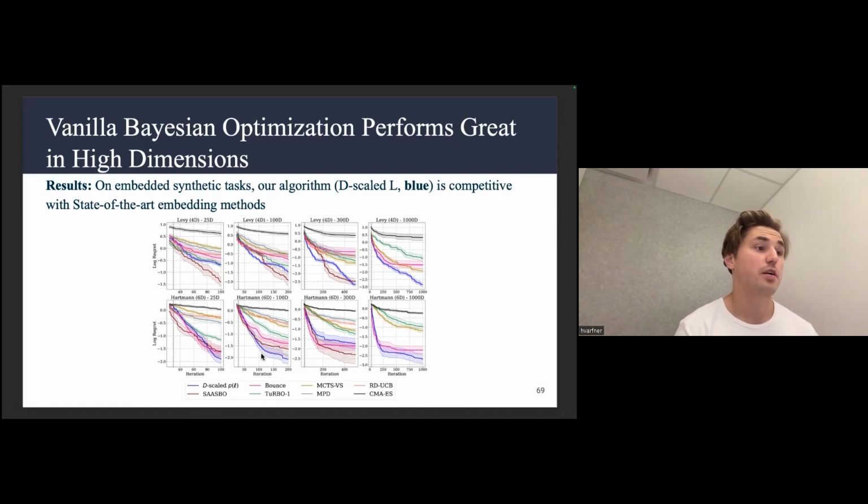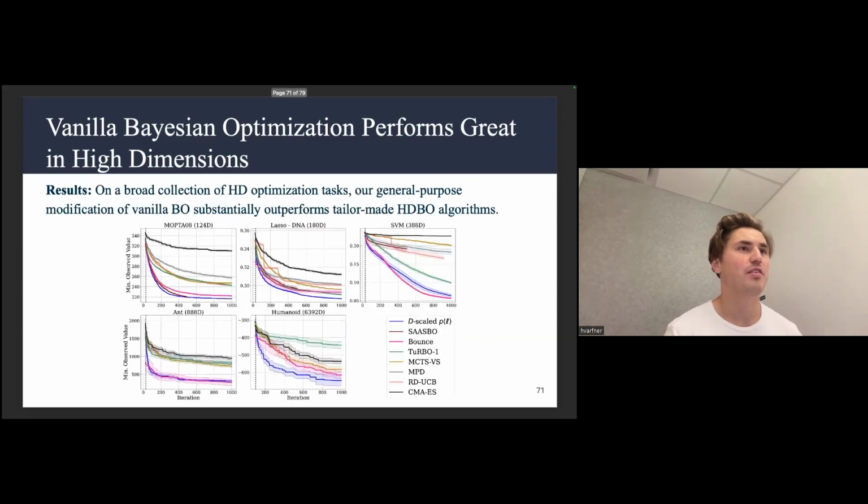Whereas other competing methods like bounds and SASPO in pink and brown assume a low effective subspace, the exact assumption that these synthetic problems have. So while we do not assume the specific structure of the problem, we're still competitive with the very best in the setting. I skipped one slide intentionally, and I'll get back to it in a while.